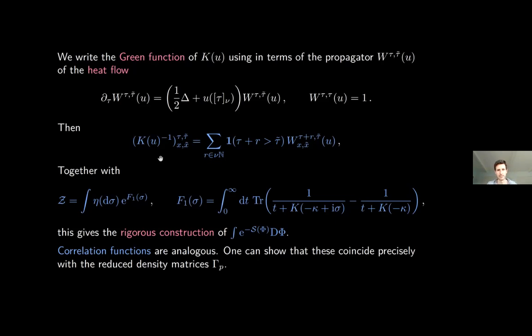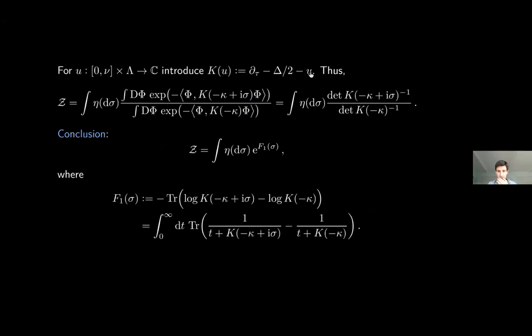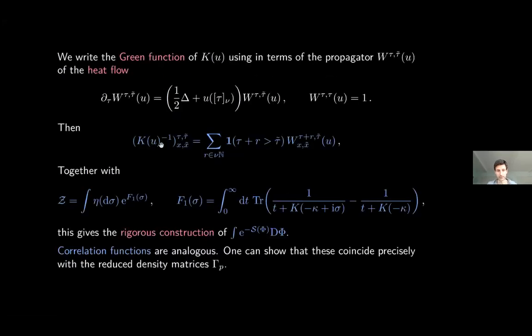Then there is an amusing little computation that you can do. It's just algebra, basically, at least if your U is nice: the green function of this operator K. Here is my operator K. The green function is a function acting on space-time, so I will need two space-time coordinates, and I write it like this.